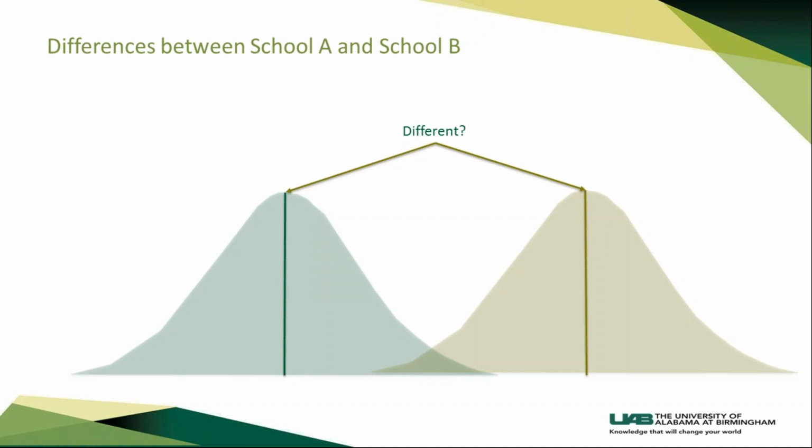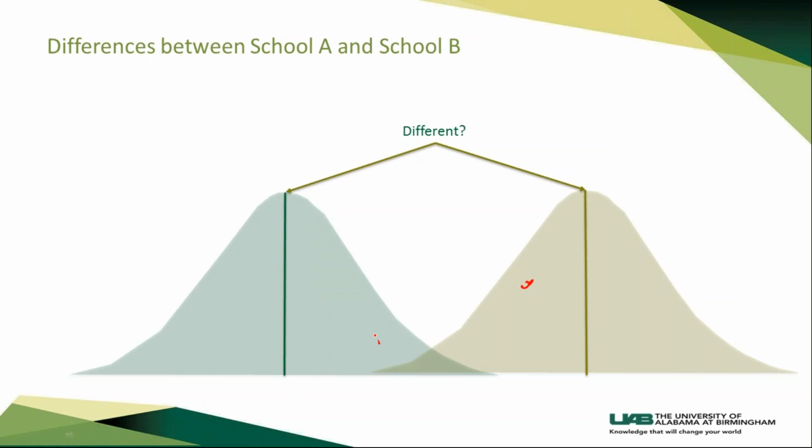So we're using a statistical test, such as one of these t-tests, to tell us if these two groups, these two distributions, are different enough that we only have a small chance of mistakenly touching one school or the other. So if I pick a point at random over here, I'm pretty confident I'm touching school B. Over here, I can be pretty confident I'm touching school A. There's not nearly as much overlap.